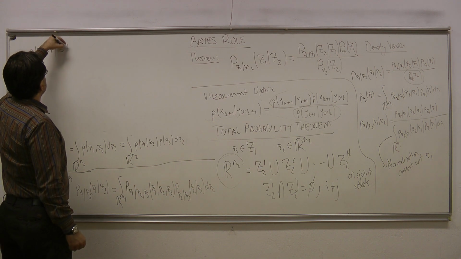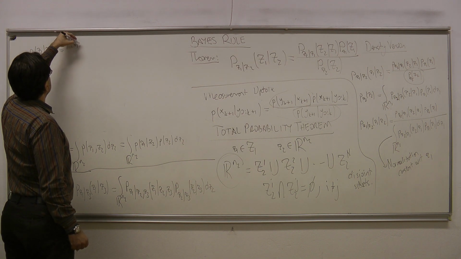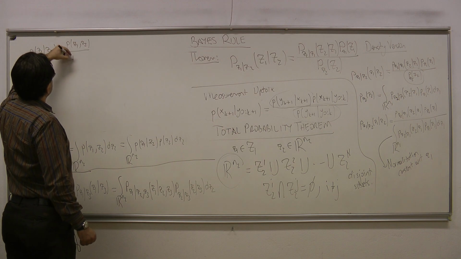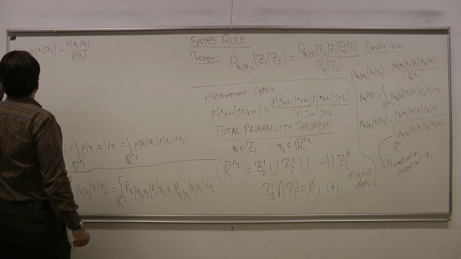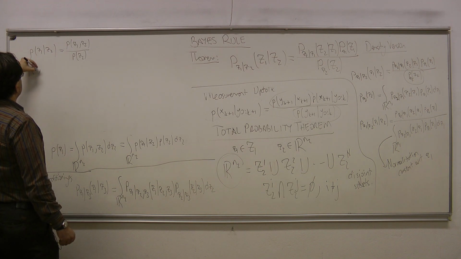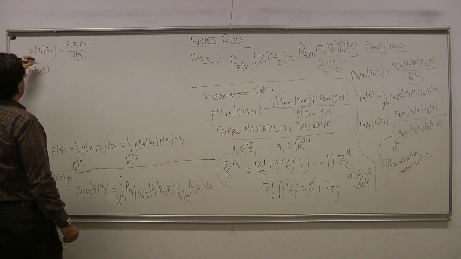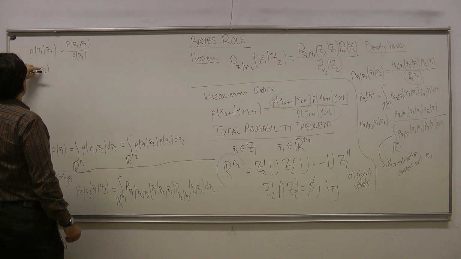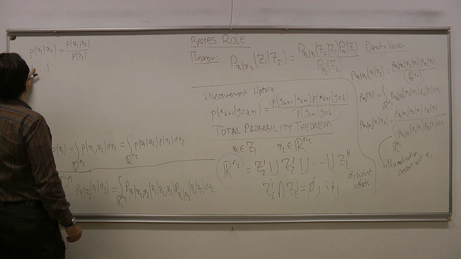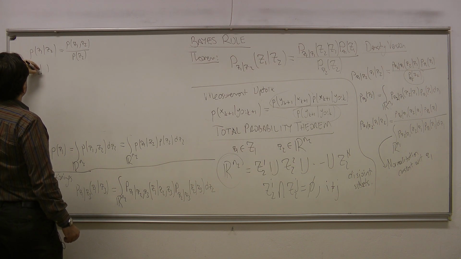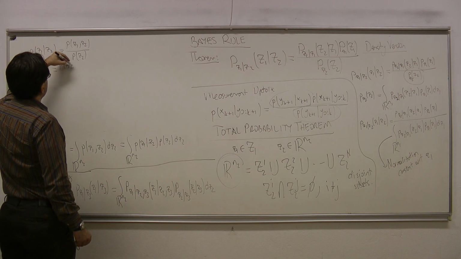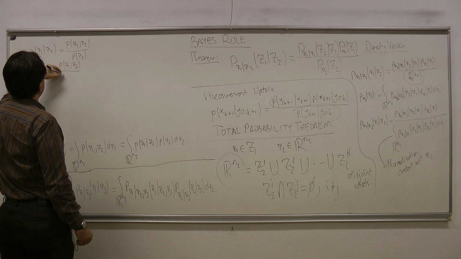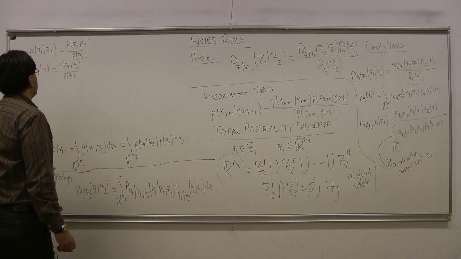I know that this is nothing but P of Z1, Z2 divided by P of Z2. Also, P of Z2 given Z1 is nothing but P of Z1, Z2 divided by P of Z1, okay?